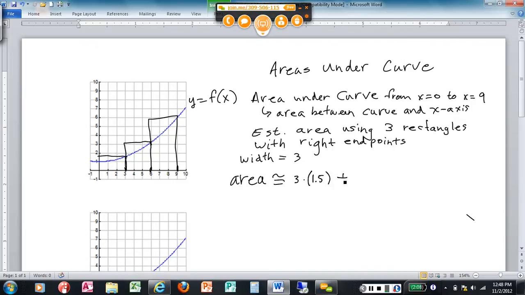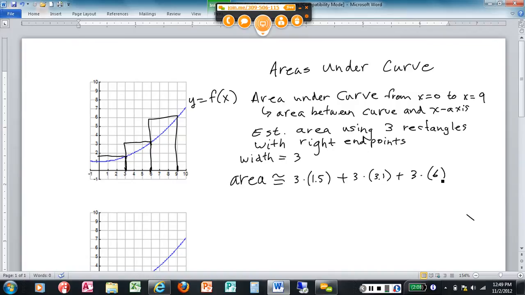Sounds good? Okay. And then the second rectangle is 3 times whatever height it is, which looks like it's just above 3, so 3.1, 3.2, something like that. And then the third rectangle is a 3 by, is it right at 6?